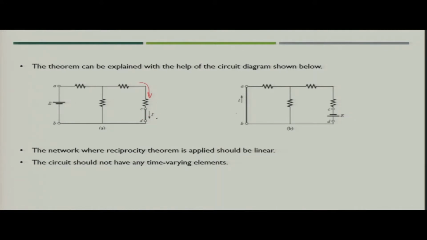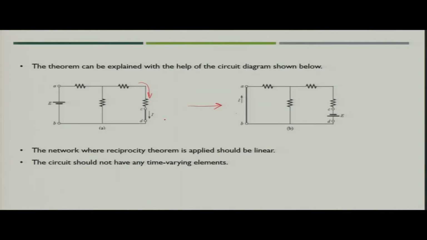Suppose this current is I. What the reciprocity theorem says is that if you exchange the locations of this current and voltage source E, the other values are not going to change in the circuit.